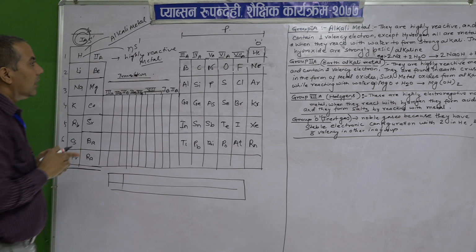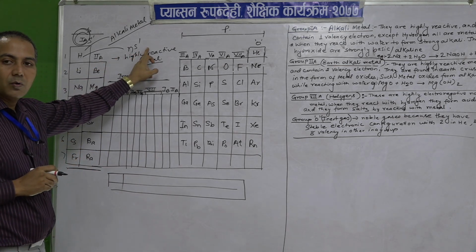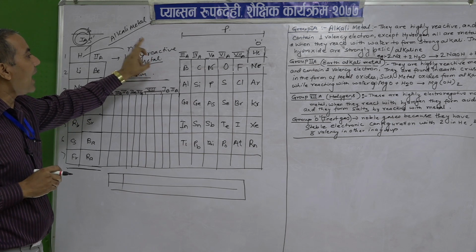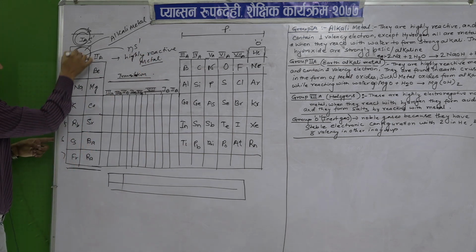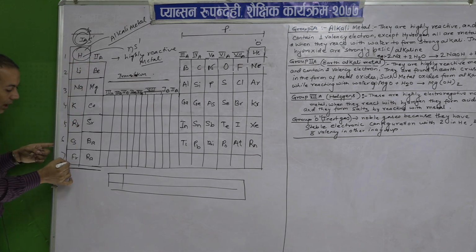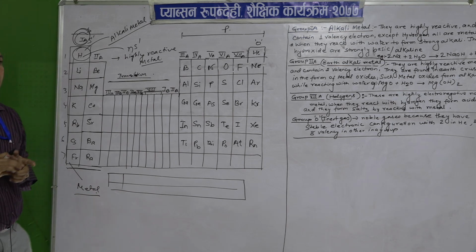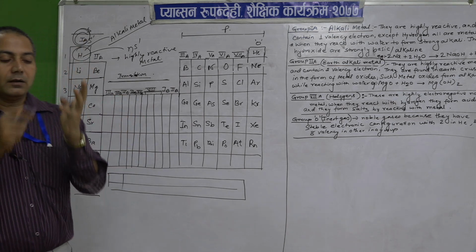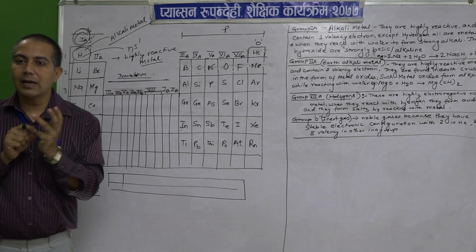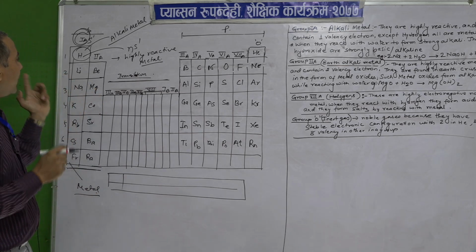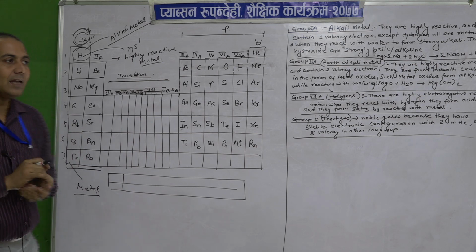They are highly reactive metals and they have valency 1. Except hydrogen, all of them are metals. Hydrogen is not a metal, although it is placed in group 1. From lithium to francium, they are metals. Why highly reactive?